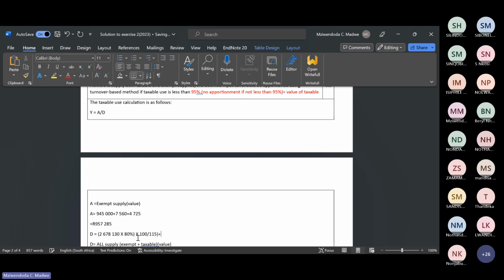The next thing that you have to do now is to take 2,678,130 times 20%. The 20% is zero rated, isn't it? So there was no VAT added in the sales of the 20%.